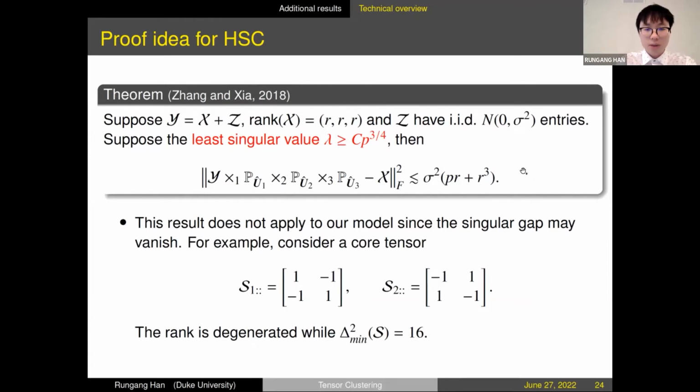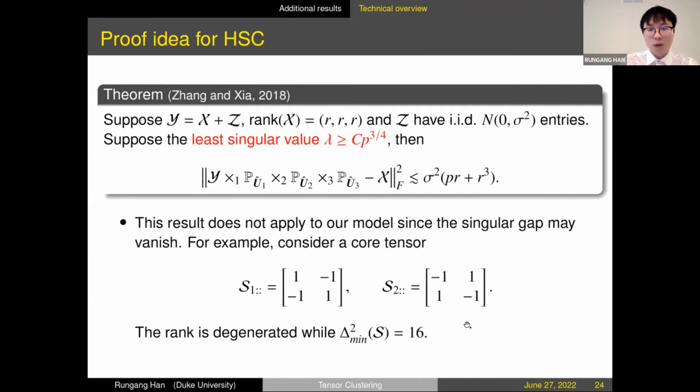But this result cannot be directly applied to our model, because in the multi-way clustering model, we can have some degenerate singular gap. For example, if we consider a tensor with this form, we have the cluster number equal to 2, but this tensor only has rank 1. However, in our assumption, this model is still identifiable because the minimal slice separation is positive.